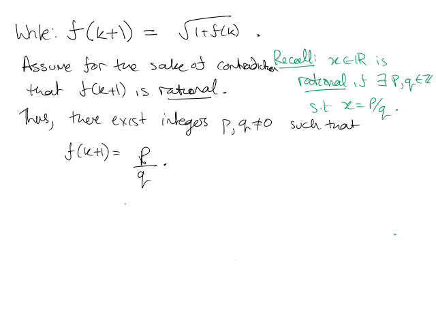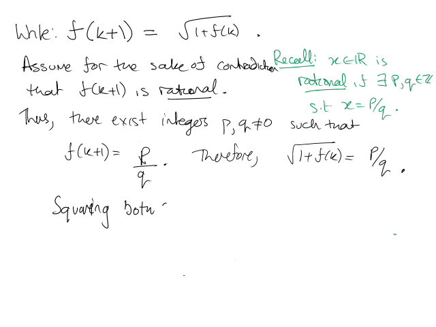Now we're going to use the relationship between f of k plus 1 and f of k. Therefore, the square root of 1 plus f of k equals p over q. That's the definition of f of k plus 1. If you square both sides, you get that 1 plus f of k is p squared over q squared.